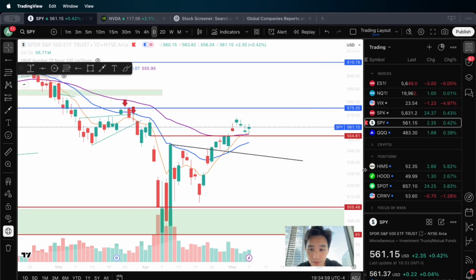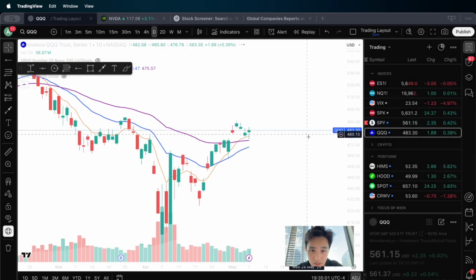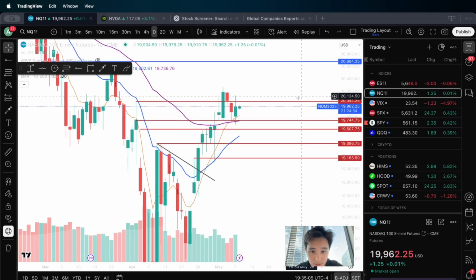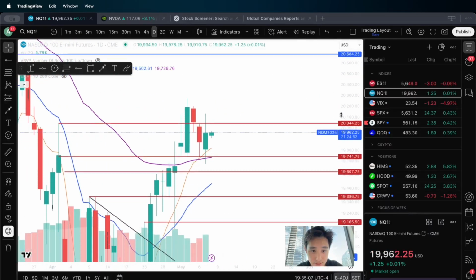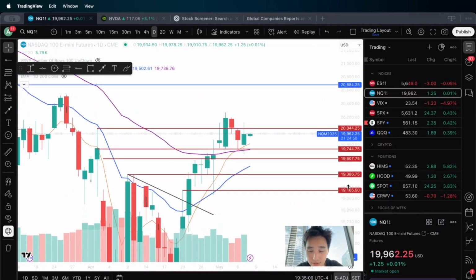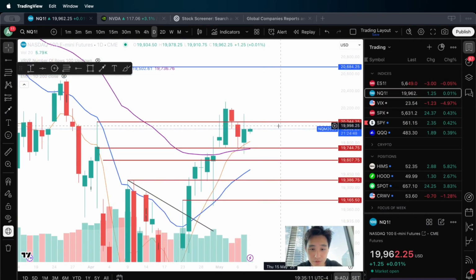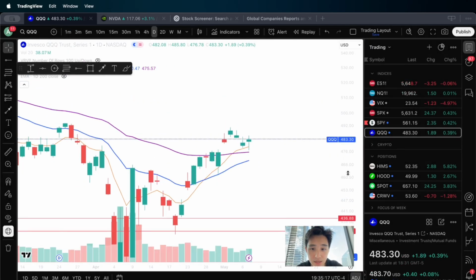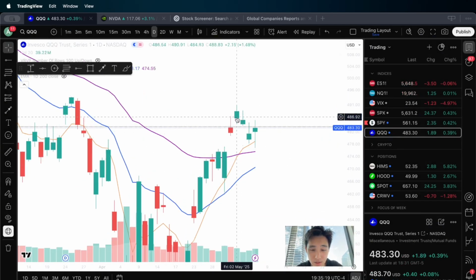Other than that, I'm looking at the market here. The really interesting thing to note, and I know Sean said this before for some of the calls, is that the NQ actually does look a little cleaner in terms of price action. This just looks like consolidation, right? But if you look at QQQ here, the candles are a lot weaker, a lot of wicks, but we are flipping the 50 here.